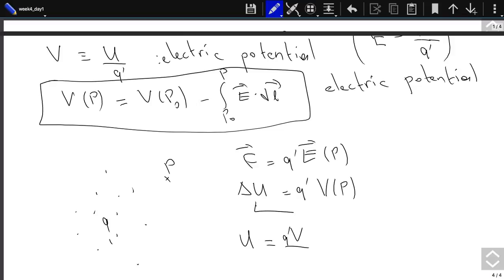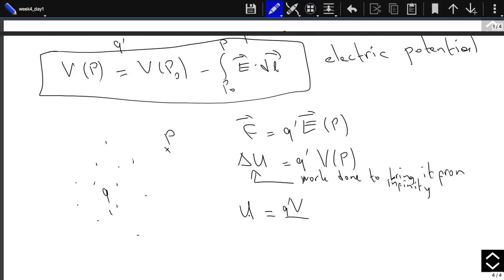This delta U is the work done to bring it from infinity. In general, the potential energy is defined as Q prime times the potential. So delta U, the change in the potential energy as my charge moves from one point to the other, is equal to Q prime times the change in the potential.